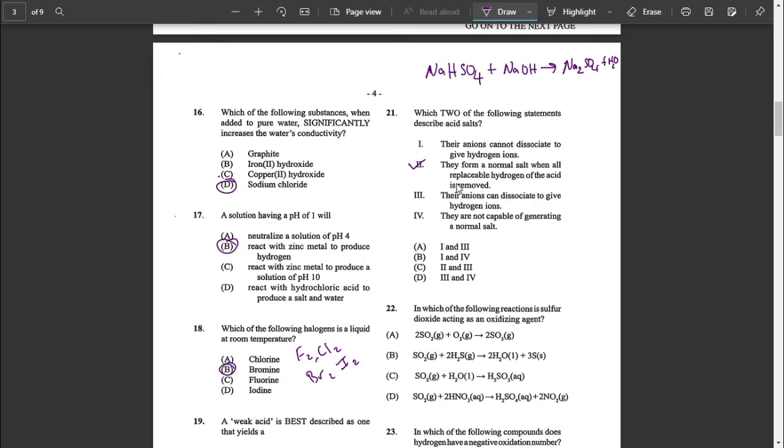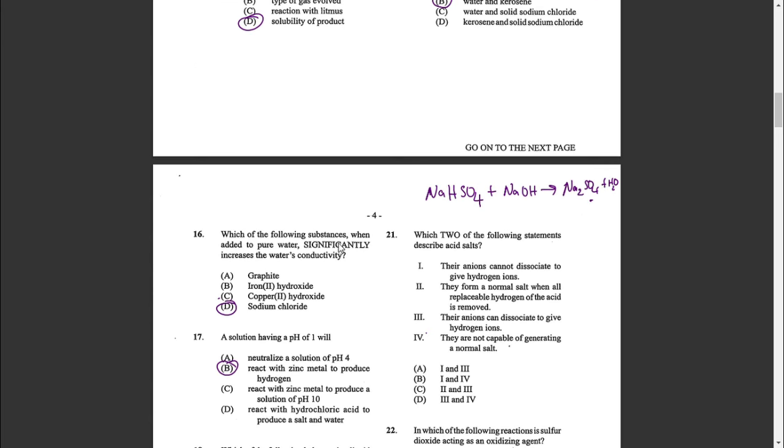Now, can the anion of the sodium sulfate release H+ ions in solution? Now, the acid salt can dissociate into sodium ion and the bisulfate ion, which is HSO4 minus.